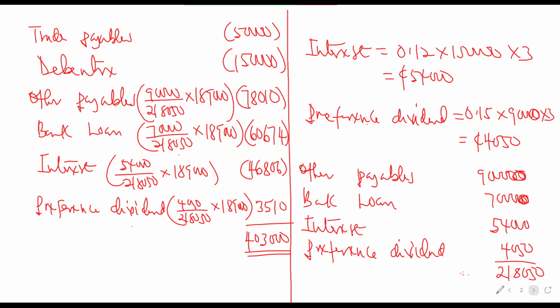The bank loan will not be taking a portion of the amount, that will be 70,000 against the 66,674. The debenture holders, with their interest, will be taking only 46,806. So they will be losing a certain amount over there. Preference shareholders are not going to be taking any amount. They are only going to be taking 35,110 of their dividends.